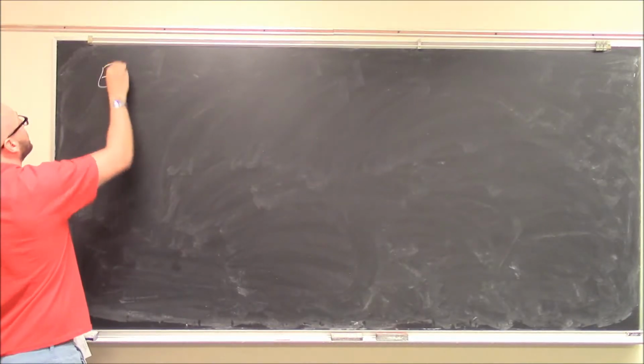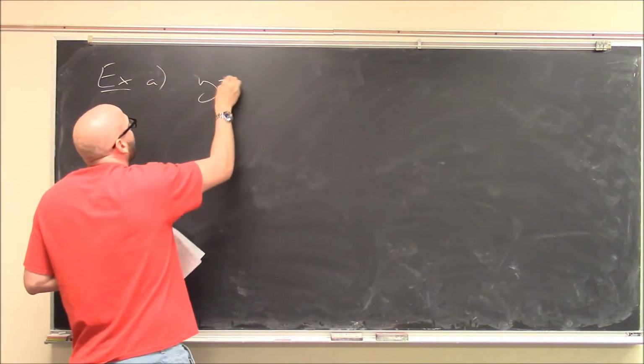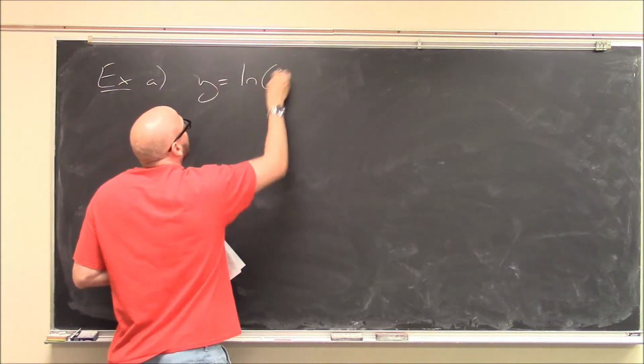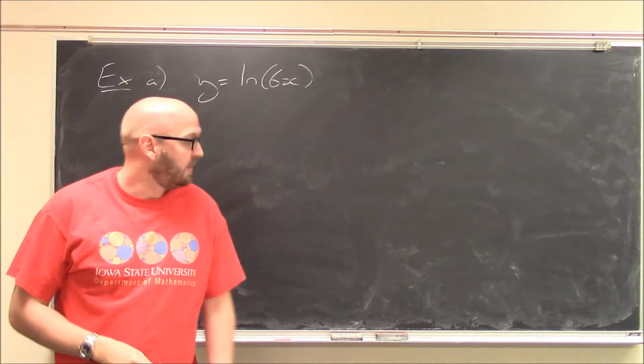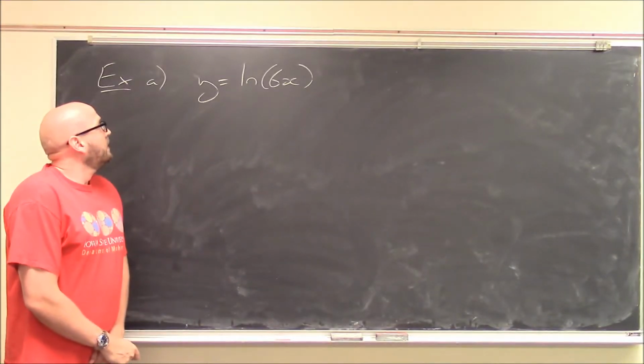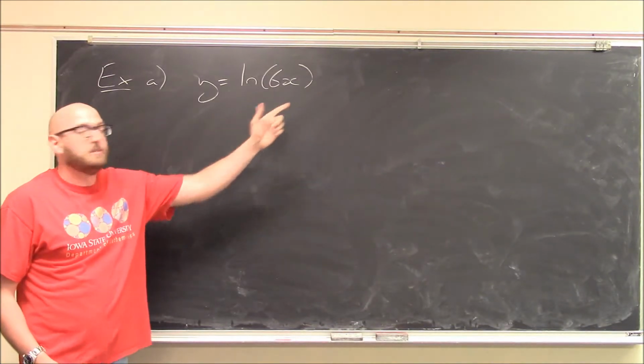So for example, A, let's say y is ln of 6x. Well, what do I have? I've got natural log of a function of x, right?